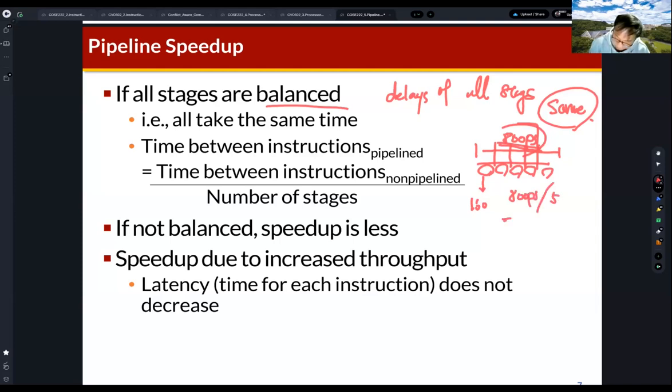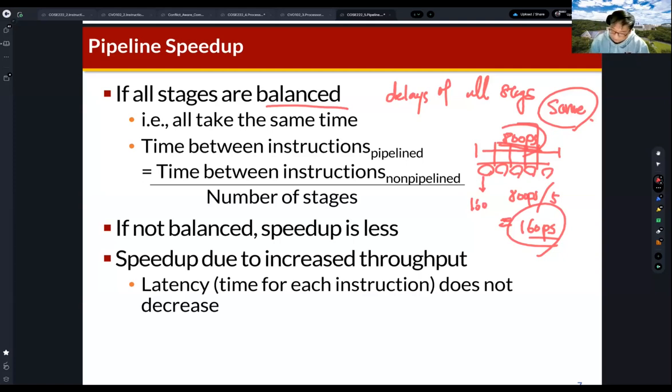If these are the 5 steps, the delay of each pipeline step becomes 160 picoseconds, if the delay is well balanced for each stage.